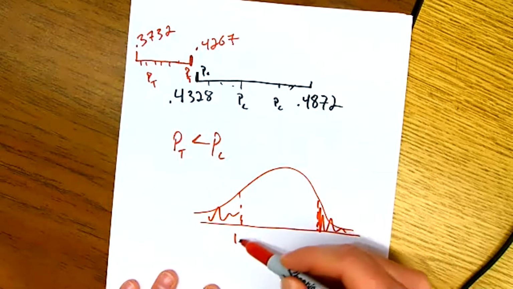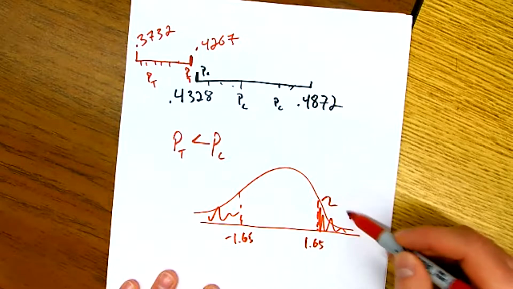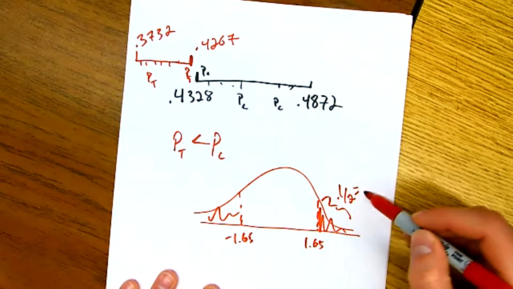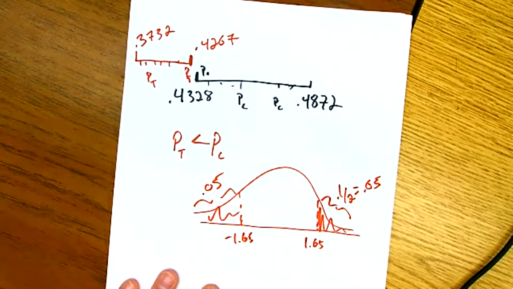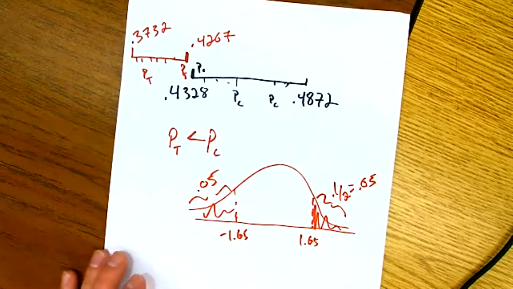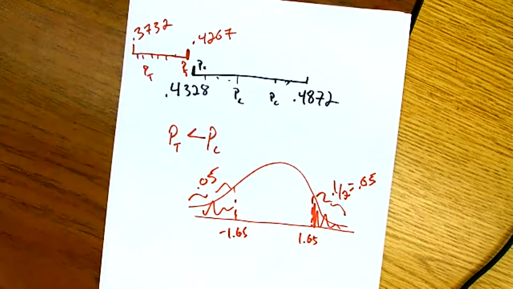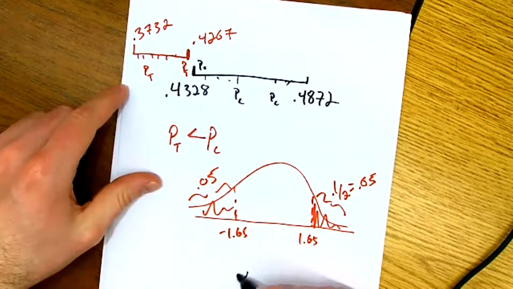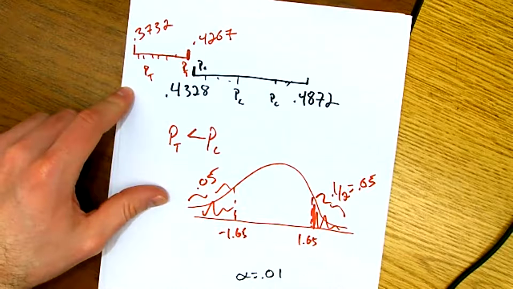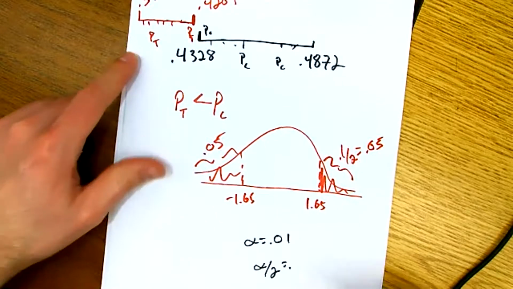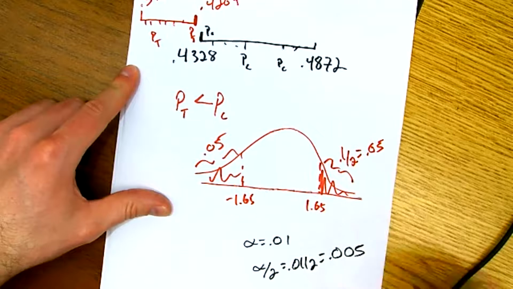At 90% confidence, here was our z-score that gave us half of alpha in each tail, right? So if I want to say something with a higher level of confidence, maybe 99% confidence, what's my alpha? 0.01. So half of alpha in the tail would be what? 0.01 over 2, so 0.005.